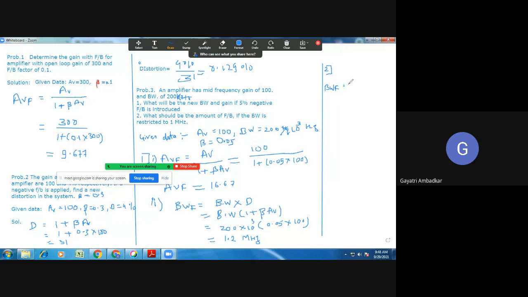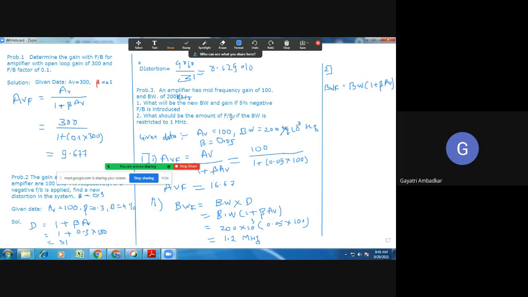Okay. Bandwidth BWF, that is bandwidth after applying feedback, is equal to bandwidth before feedback, means without feedback, multiplied by 1 plus A beta, right? Now it is said that bandwidth is restricted to 1 megahertz.